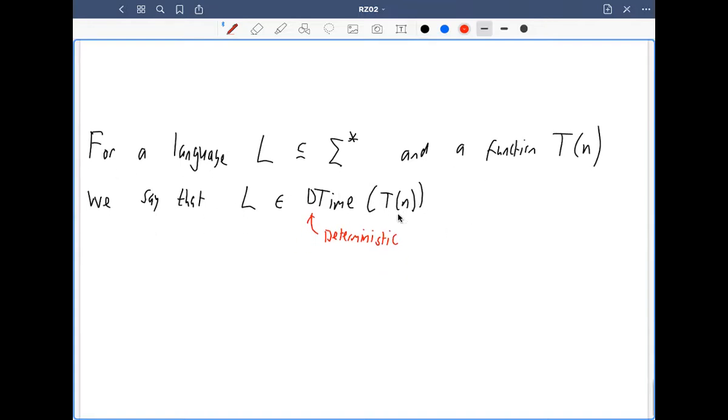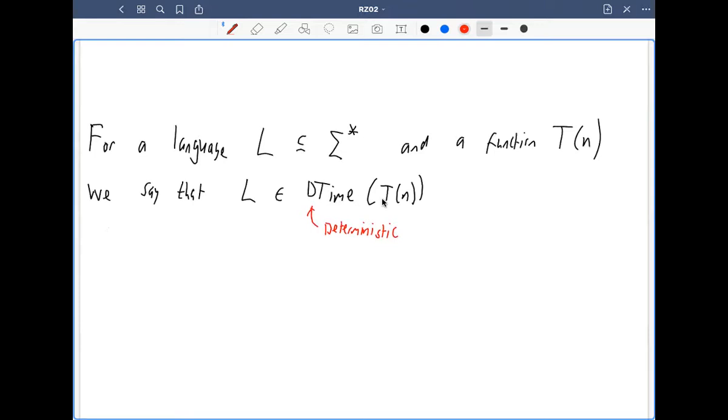So L is computable in deterministic time t of n if there exists a Turing machine that decides L, so that is, it recognizes L, and for words not in L, it always returns reject.